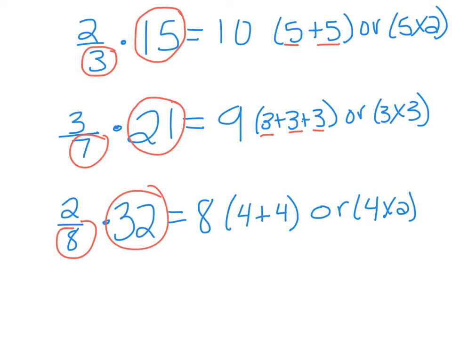When we divided 32 by 8, we found that 1/8 of 32 was 4, so 2/8 would be 4 more, or 4 times 2. 4 plus 4, 4 times 2. So we will always end up with a whole number as the product as long as the whole number factor can be evenly divided by the denominator of the fraction.